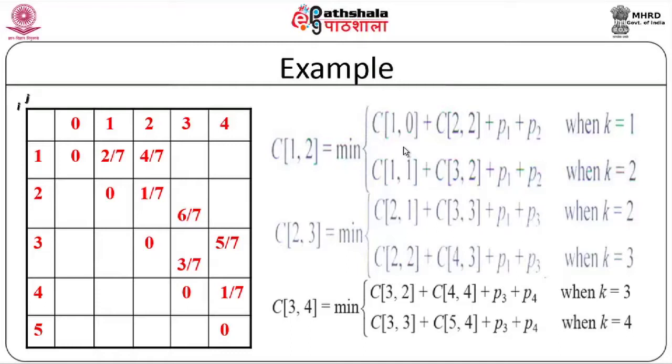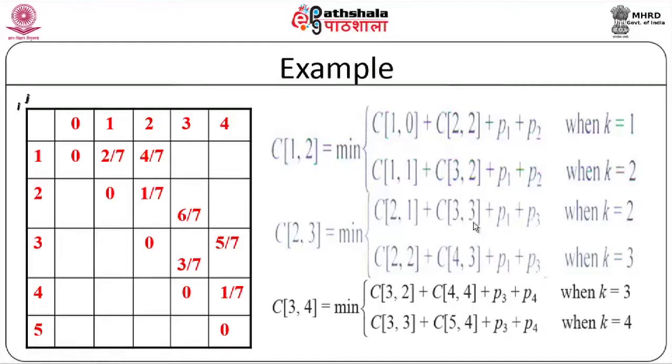We have 2 elements, therefore it is going to be P 1 and P 2. This is when k is equal to 1, and when k is equal to 2, it is going to be C of 1 comma 1 plus C of 2 comma 2.